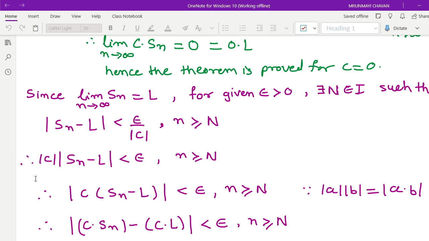Now we have to prove it for any real number C other than 0.